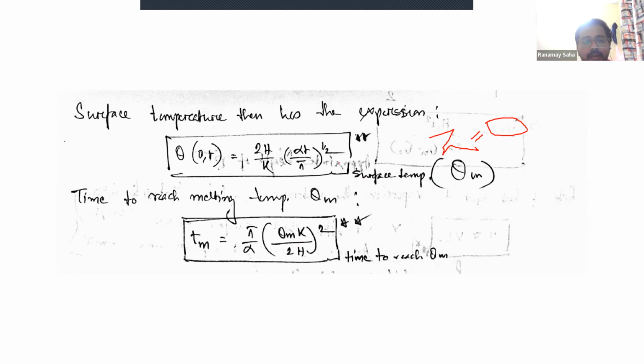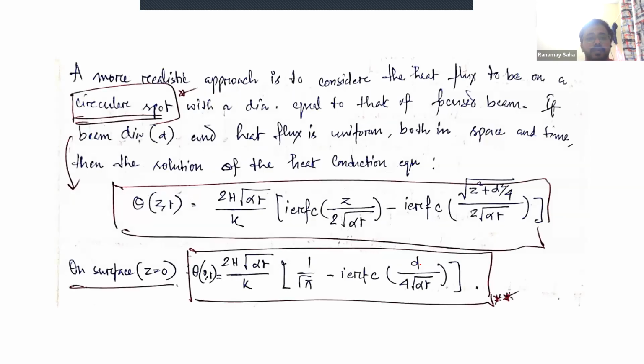From that equation you can deduce the time to reach the melting temperature as pi by alpha times (theta m times conductivity by 2 times heat intensity) whole square. So these equations are quite important, and if you have got them, we'll move to a more realistic approach.